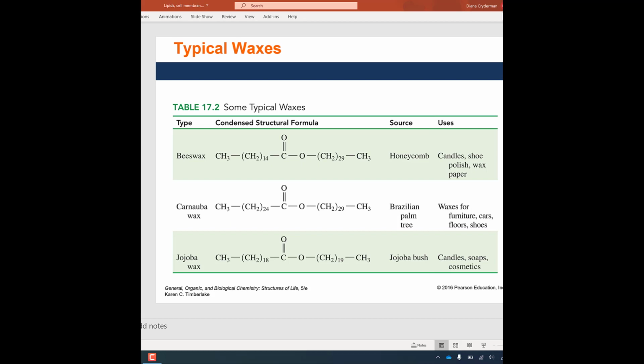And so here are some images or some structural components of some beeswax, jojoba wax. So here we see esters as the center of these waxes. And then, 18 to even maybe 30 carbons on either side.